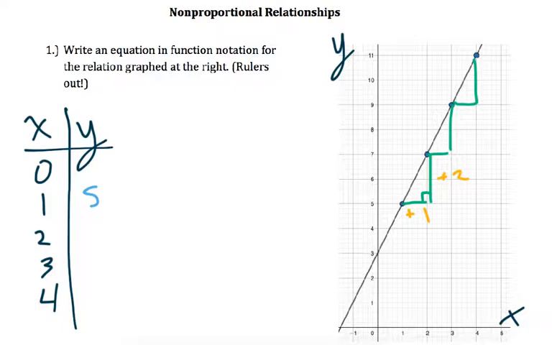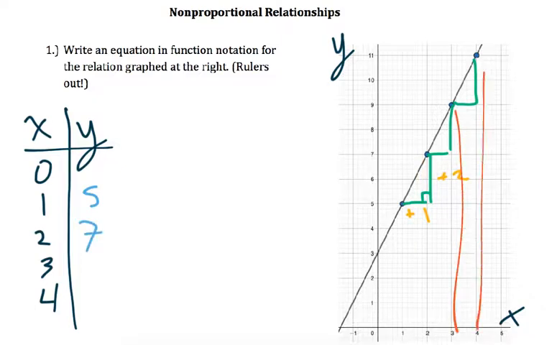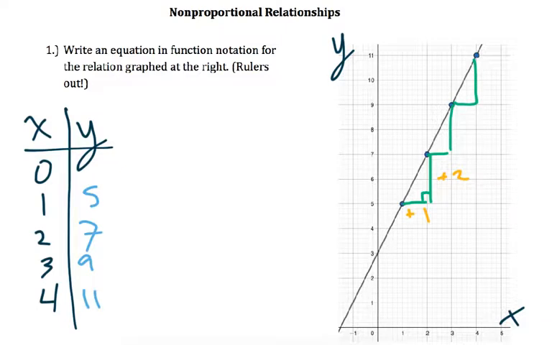On purpose I'm skipping 0 for now, I just kept it as a placeholder. At 2 I have a value of 7. At 3 I have a value of 9 and at 4, 11. Which is good, because on my graph I'm seeing the same thing in my table. Plus 2. Plus 2. Plus 2.